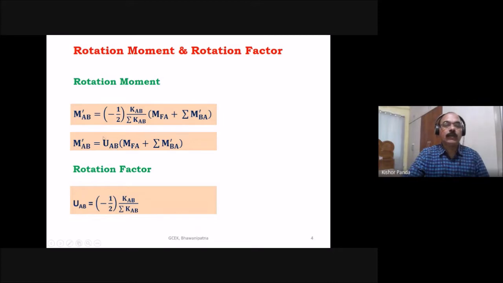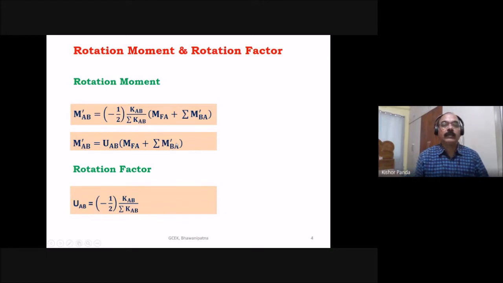So if you know the rotation factor of all the members, then you can find out the rotation moment. You can find out the near end rotation moment if you know the fixed end moment of the joint plus the sum of the far end rotation moments.